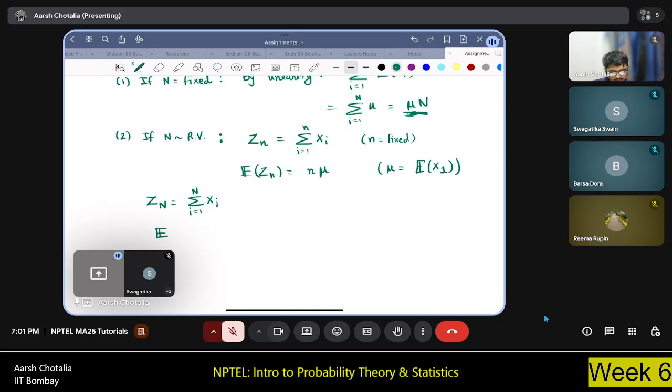Now we have to find the expectation of Z capital N, which is nothing but the sum over n of the expectation of Z small n times the probability that N is equal to n, right? This is total probability.